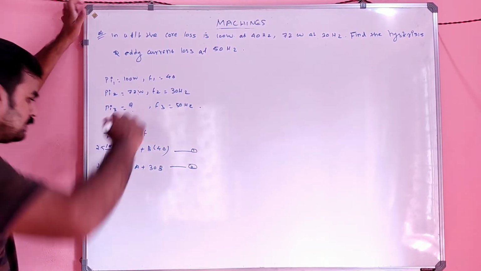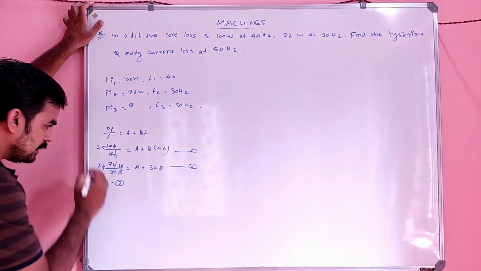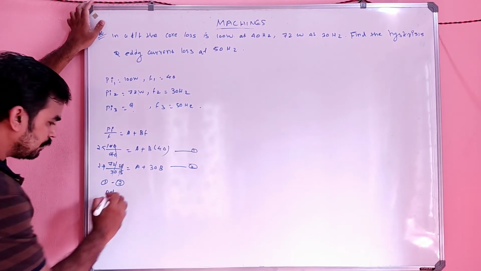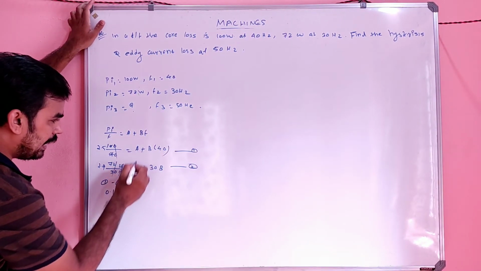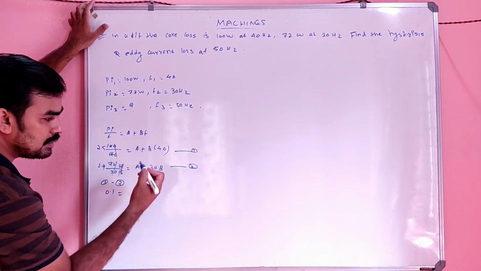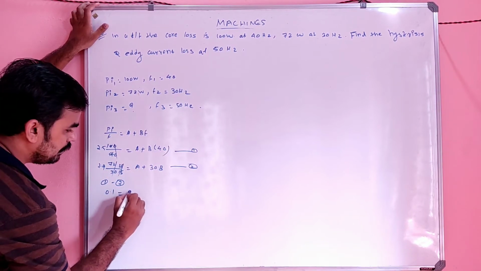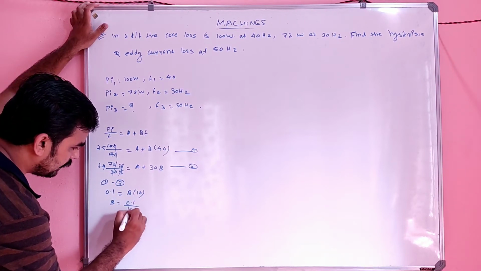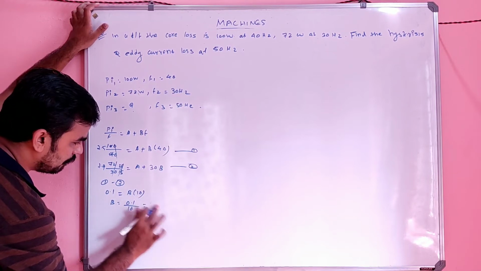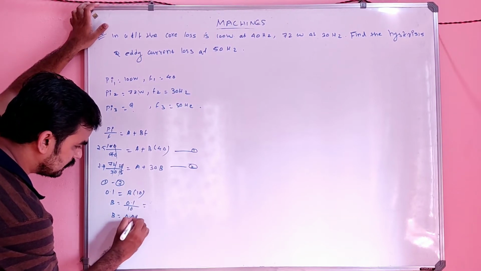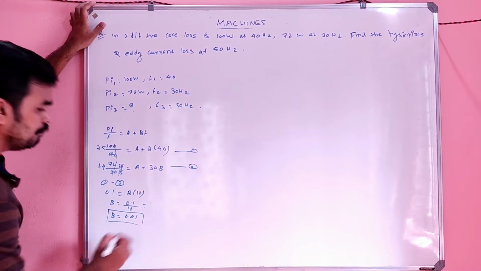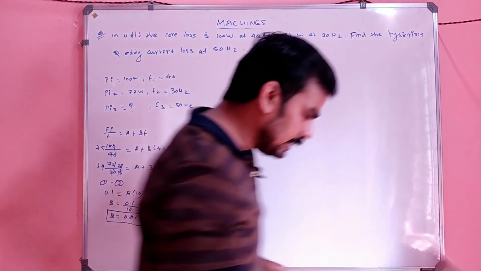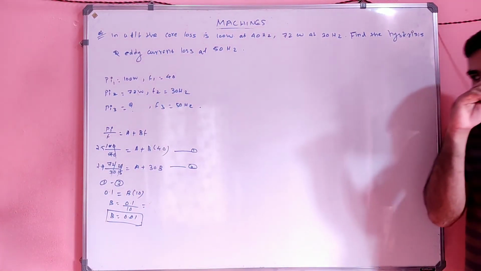What do I get? 2.5 minus 2.4 is 0.1, which is equal to A minus A, which cancels, and B40 minus B30, that is 10B. So B is 0.1 by 10, my dears, so B is equal to 0.01. Is it clear? Did you get that? So you got the value of B.